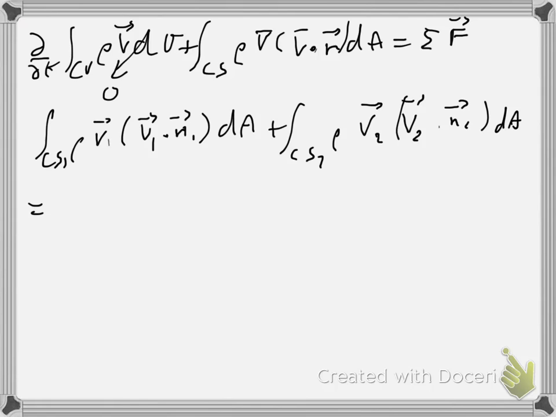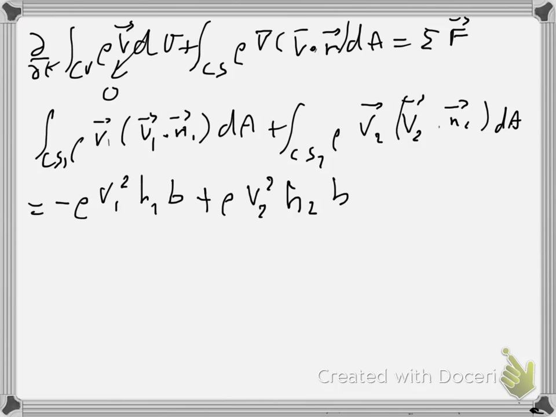V1 dot N1 is negative, so I have minus rho V1 squared H1 B, plus rho, now V2 dot N2 is positive, so V2 squared H2 B. I'm having some issues with my stylus.